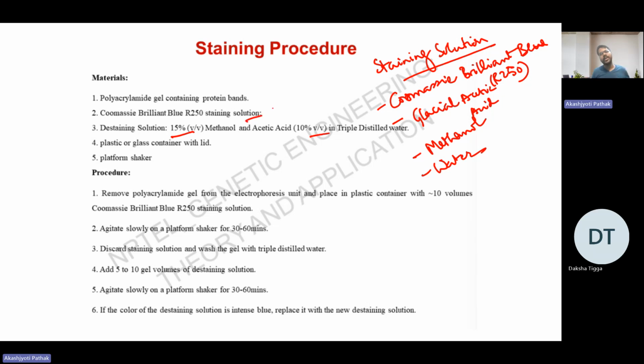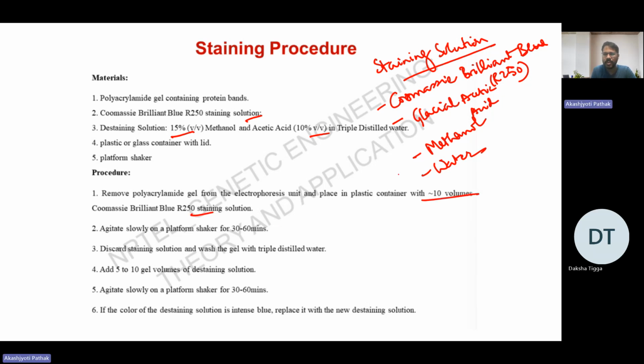Other than this, you will also add the Coomassie Brilliant Blue dye. For preparing 100 ml, you usually add 250 milligrams of this Coomassie dye.